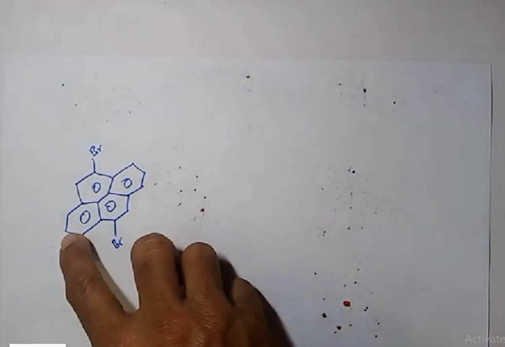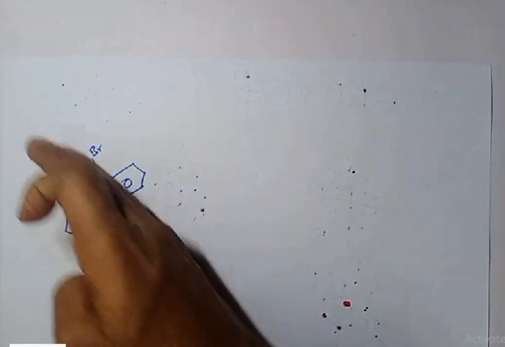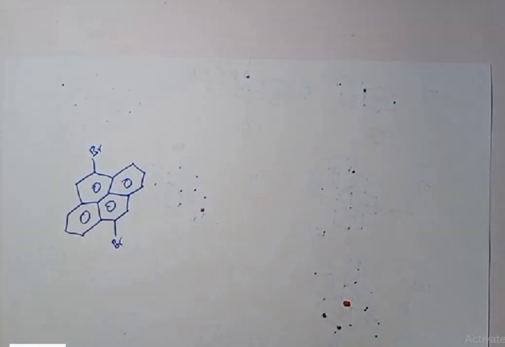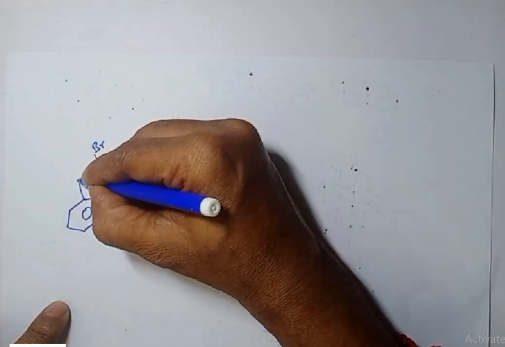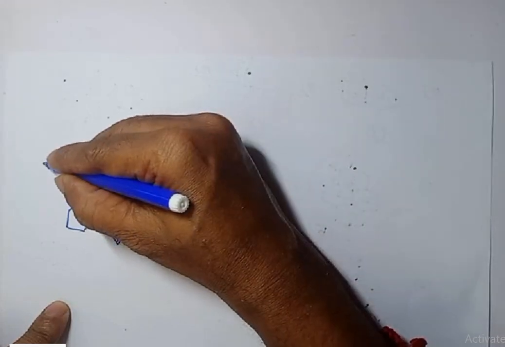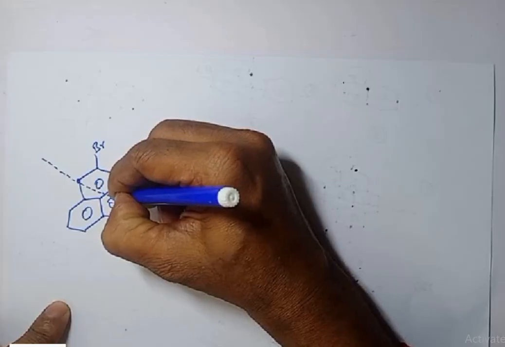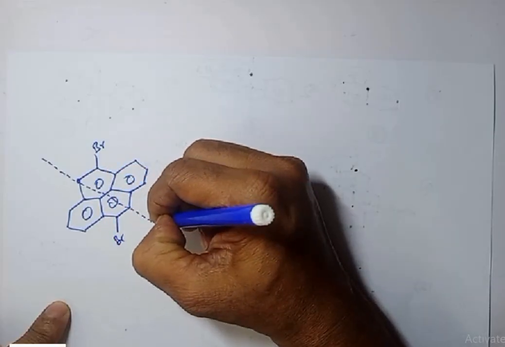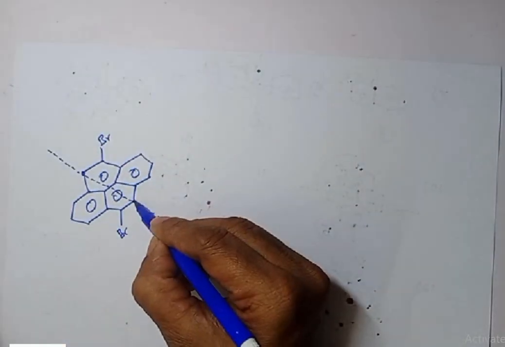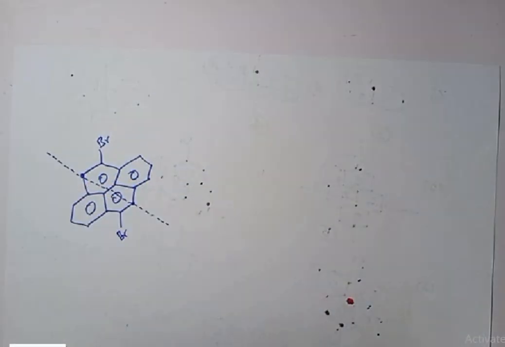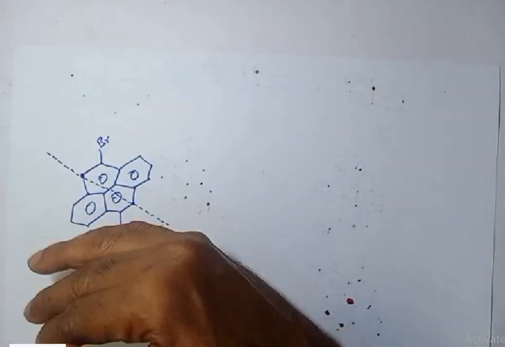Okay. Now we don't have plane of symmetry here, but we have a plane of symmetry between this carbon and this carbon. It is passing like this. Observe carefully. We have plane of symmetry passing through this carbon and this carbon. See, this part and this part, they are exactly equivalent.